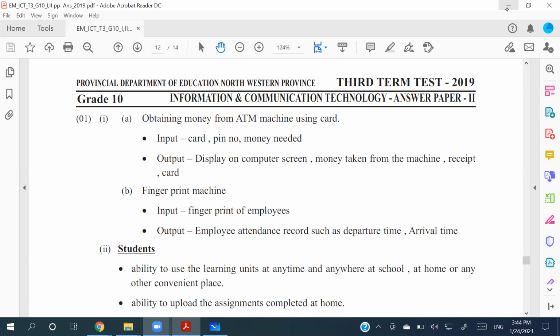The input is the fingerprint of employees, and the output is the employee attendance record, like the departure time or arrival time. If you got any one of those, you can have 0.5. With all 4 points taking 0.5 marks, you can have 2 marks for that particular question.